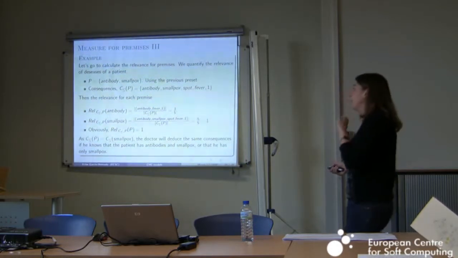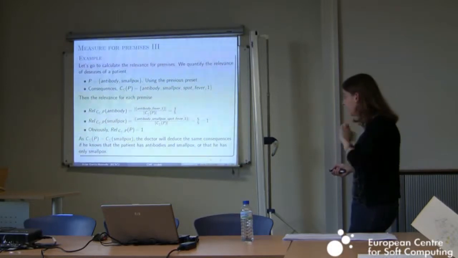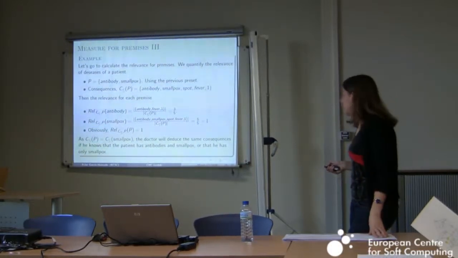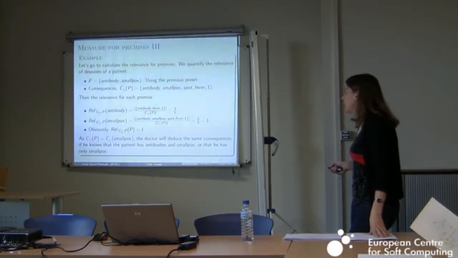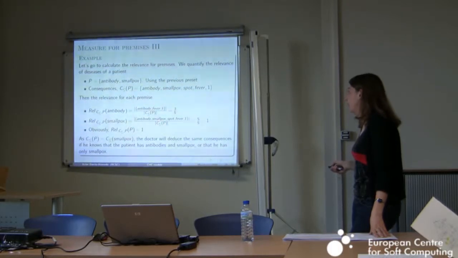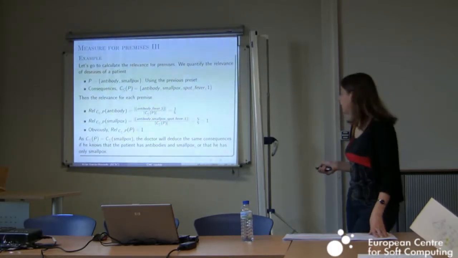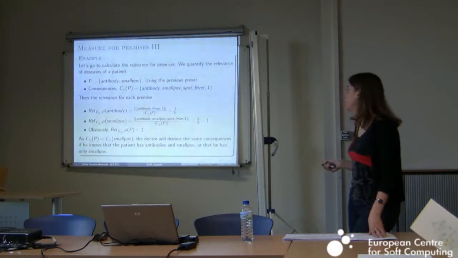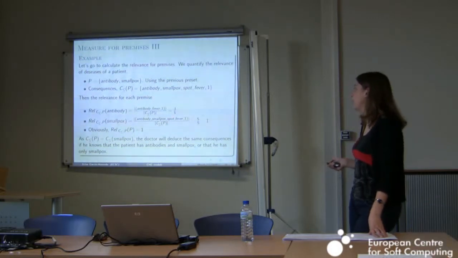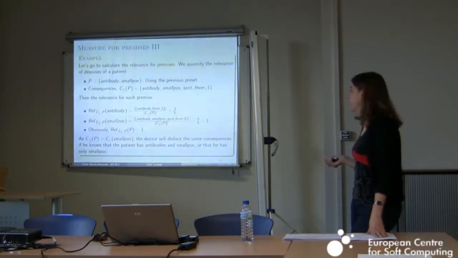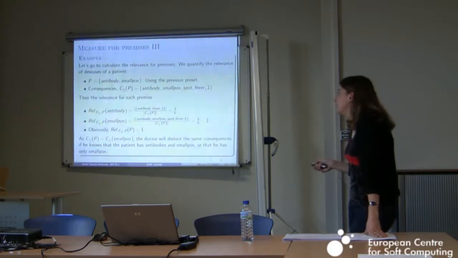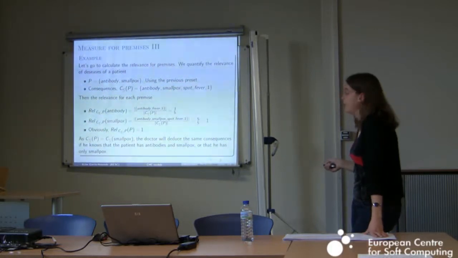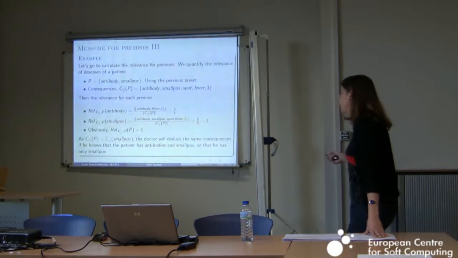The relevance of the other premise is the number of consequences allow getting for that are antibody, smallpox, spot, fever, and 1. They are all consequences. So the relevance of that premises is 5 divided by 5, that is 1.